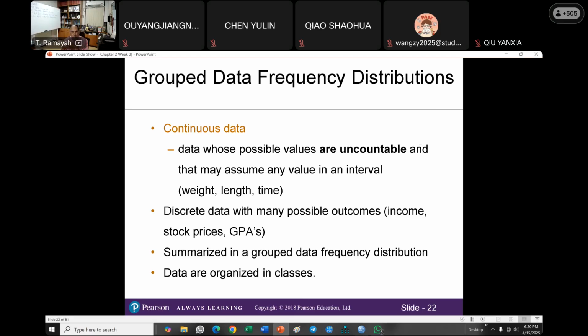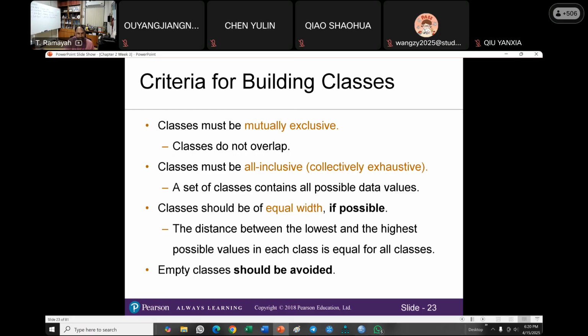For example, we have weight, length, and time, right? These are all uncountable. If you want to summarize them into groups, we can also do that, but there are several steps you need to do. We need to build some classes.